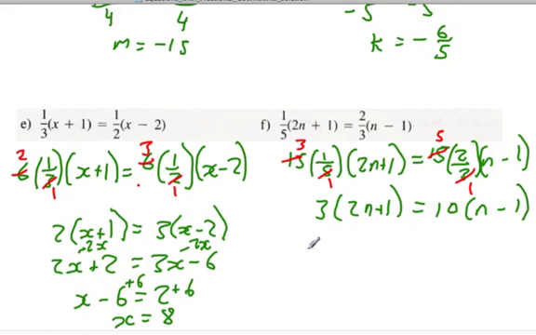Expand using distributive property, so that's 6n plus 3 is equal to 10n minus 10. So we can subtract 6n from both sides.